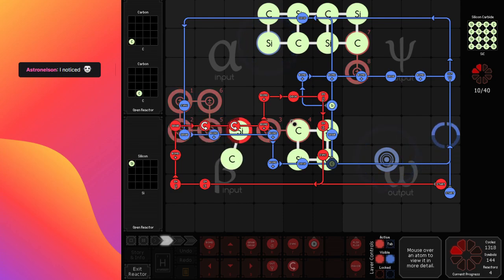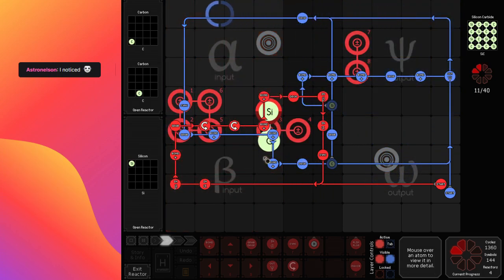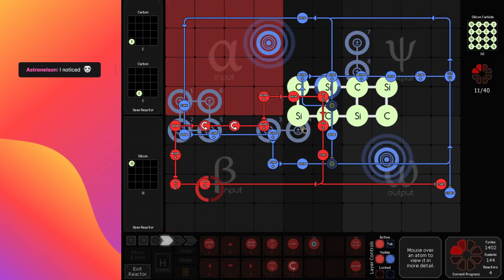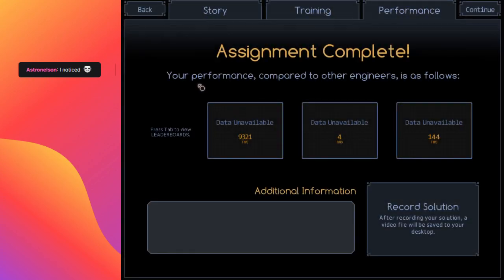Yep, strip by strip, block by block. Overall, it works. Yeah, so this is 144 symbols, and because extra reactors are penalized here at a rate of 20 symbols per reactor, this means that this actually scores 204.